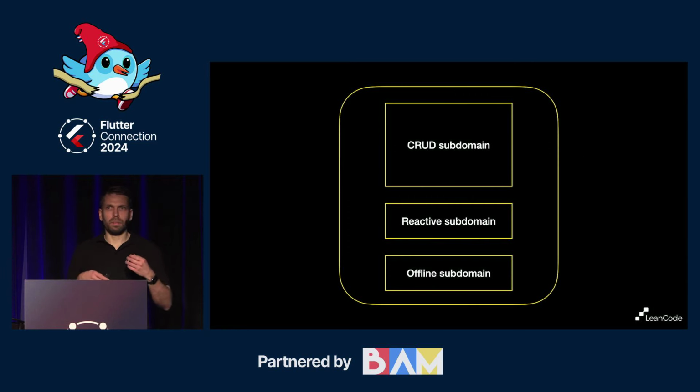So you might have a feature that is very reactive. You might have some feature that is heavily offline. So not every feature in your app has to follow the same pattern. Those can be in different folders or even different Dart packages, but you are not forced to follow everything in a single pattern.